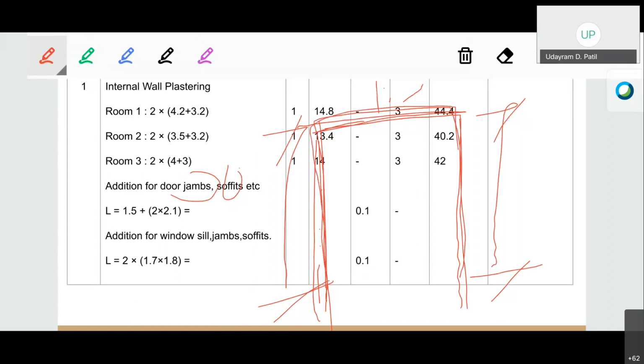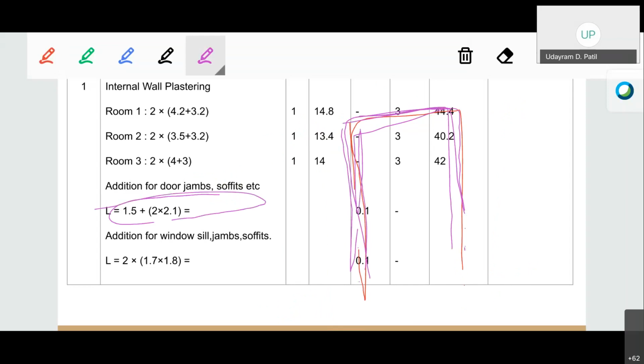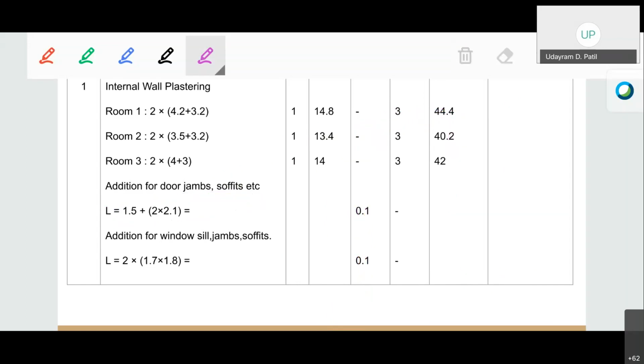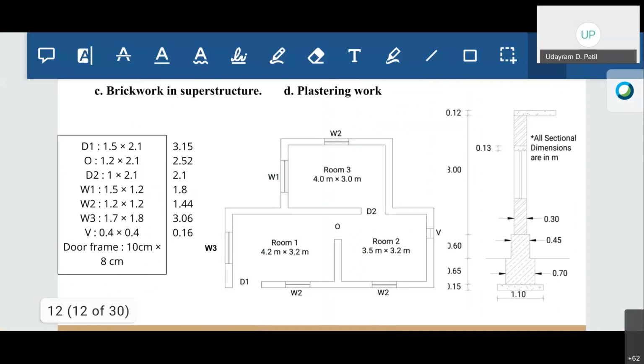This portion is where you have to provide plastering. This will be your jambs and this will be your soffit. So that will be the total length of the addition for the door jambs and soffits plastering. Now the width.